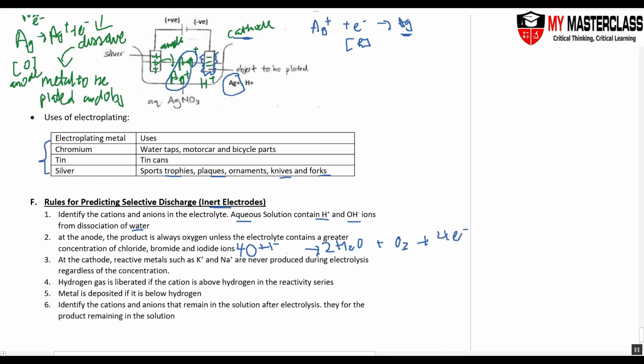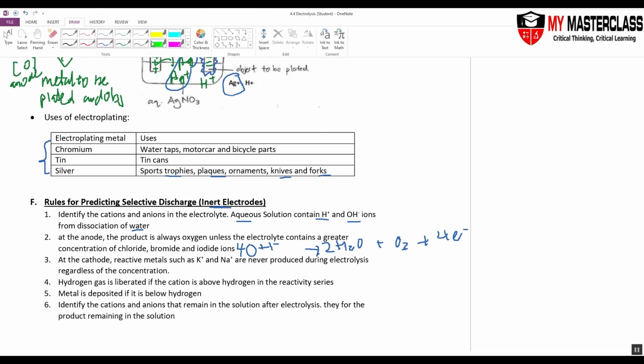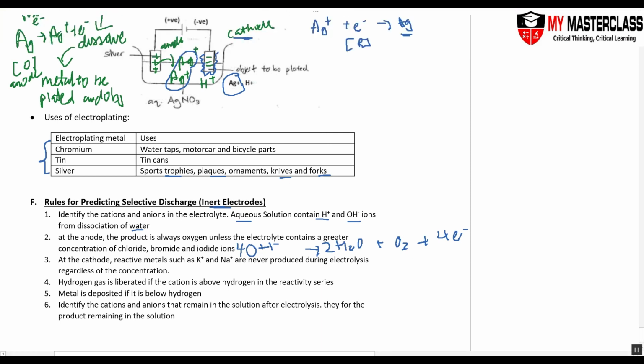This will always happen at the anode, where anions get attracted. Unless the group 7 ions, chloride, bromide, iodide, are in greater concentration. When the concentration increases, the group 7 ions will be preferentially discharged, and you will get chlorine gas, bromine liquid, and iodine.